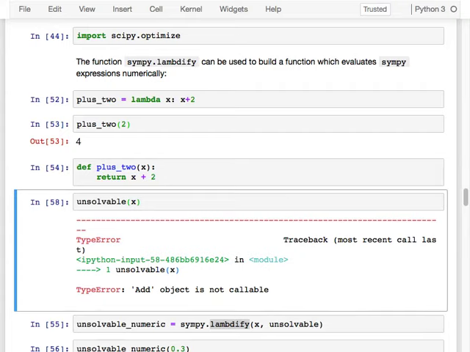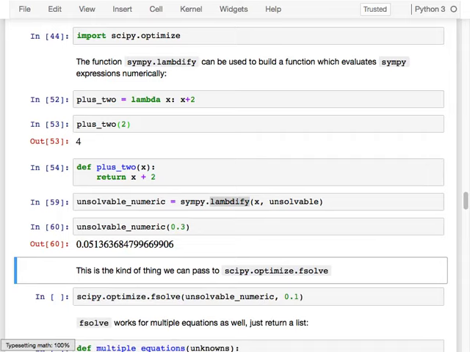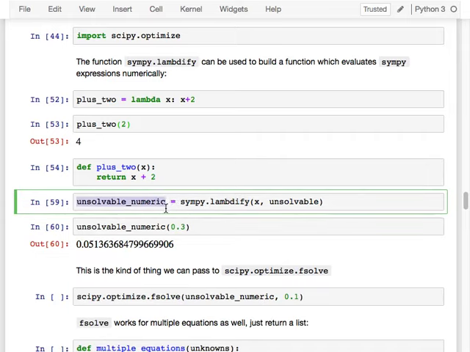I can evaluate that expression at a particular point by substituting a value for x, but it's not the expression that's actually doing the work itself. Doing this, what I get is a function, or at least something that behaves like one. So I can call it with a numeric argument and get a numeric answer back.